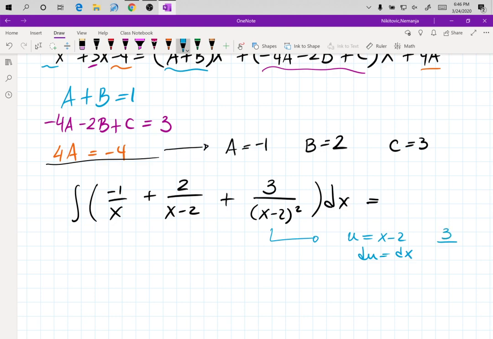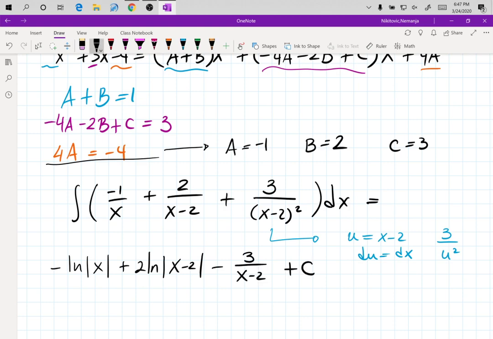So that becomes 3 over u squared. So I have negative ln of x plus 2 ln of x minus 2 plus 3 times the integral, which is going to be negative u, so 3 over x minus 2, plus c. There you go. Woohoo!